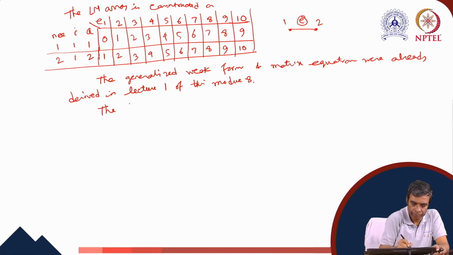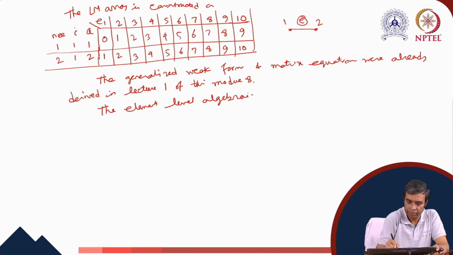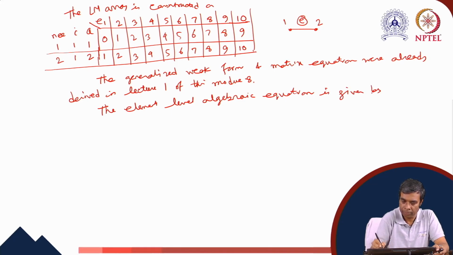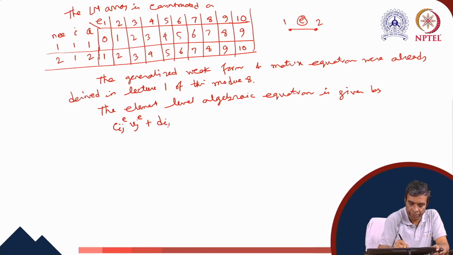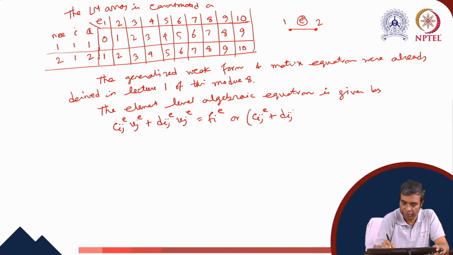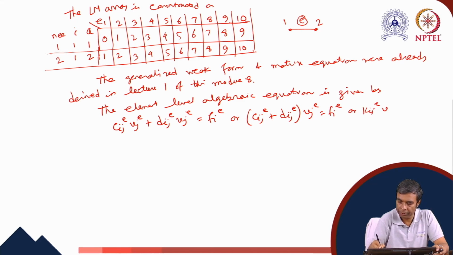The element level algebraic equation is given by Cij uj plus Dij uj equals Fie, or Cij plus Dij uj equals Fie, or Kij uj equals Fie, where Kij equals Cij plus Dij.